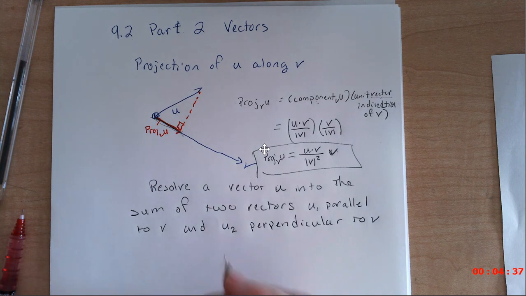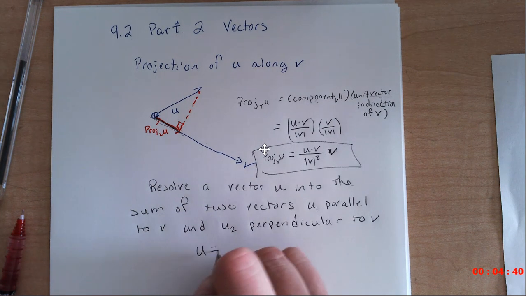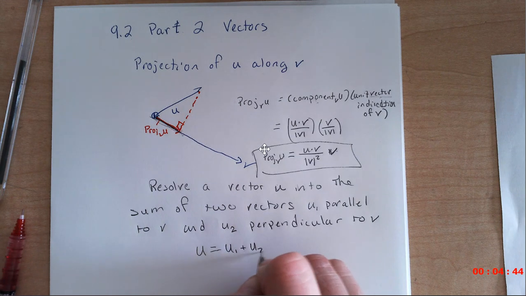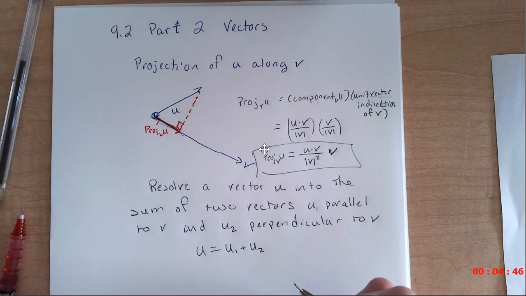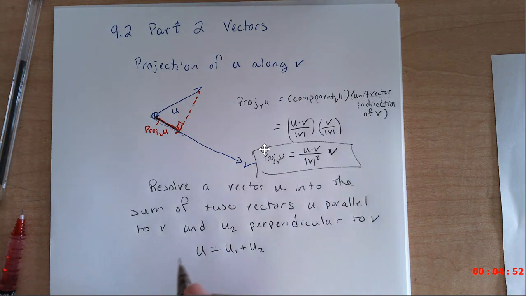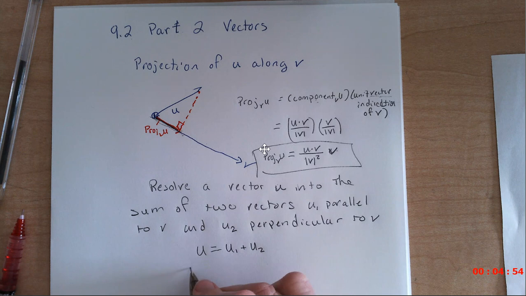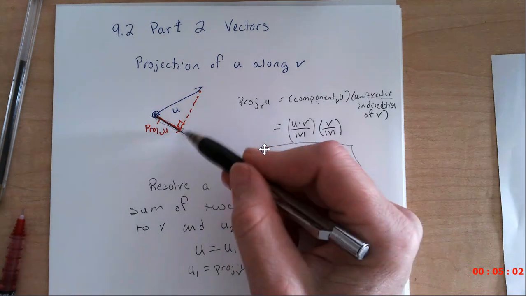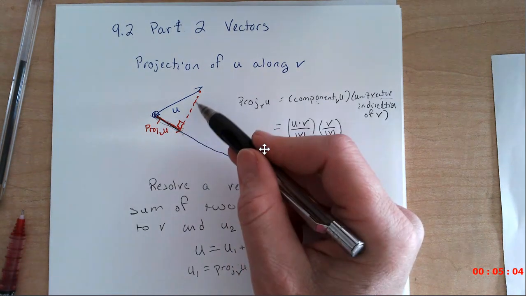So how are we going to do that? So first, remember that we want to have it be the sum of u sub 1 plus u sub 2, much like a vector is the sum of a sub 1 plus a sub 2. Therefore, if we let u sub 1 be the projection of u along v, which we just talked about, and then we want this one.